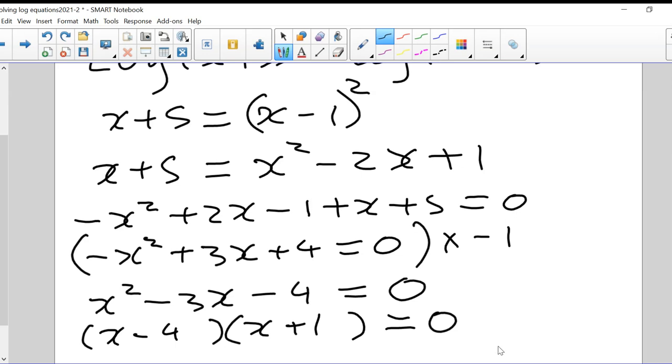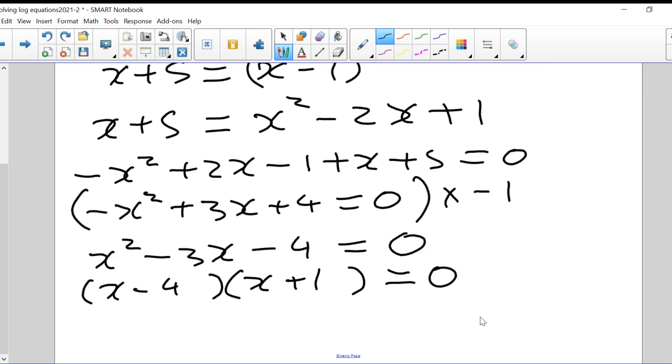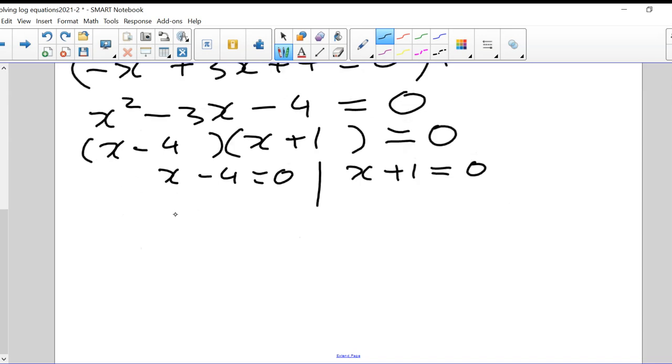And I agree. So what I'm going to do now is get two solutions. x minus 4 equals 0 and x plus 1 equals 0, which means x is equal to 4 and x equals minus 1. Okay, good enough.